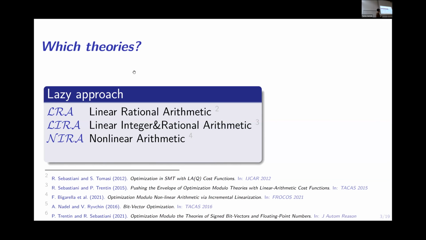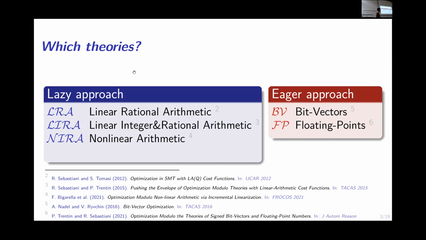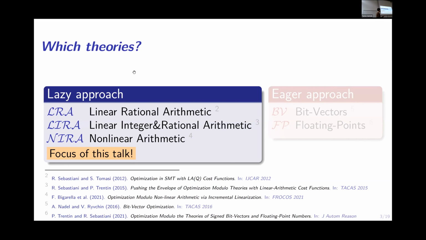So we have linear and nonlinear arithmetic over rationals or mixed integers and rationals. Then we could also have other theories: finite precision arithmetic with bit vectors and floating point numbers. These are solved with an eager approach, but the focus of this talk is on the theories solved with the lazy approach.